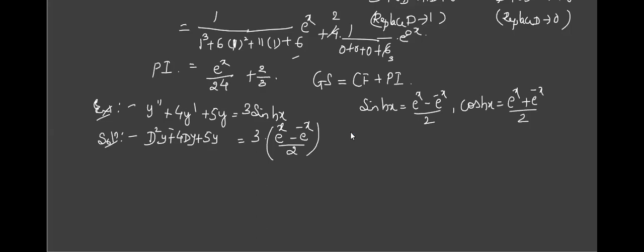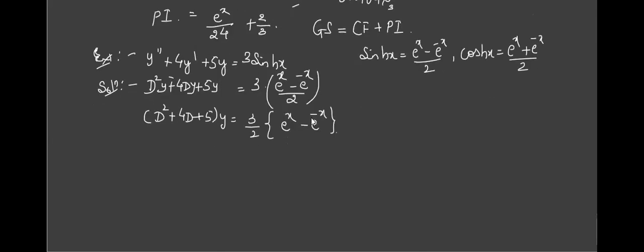Now this is D square plus 4D plus 5 into y is equal to, I will take the 2 out. Hope you understood the step. So if hyperbolic is given here, it belongs to type 1 only.